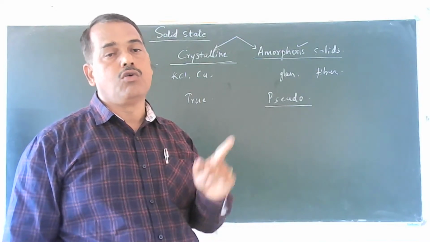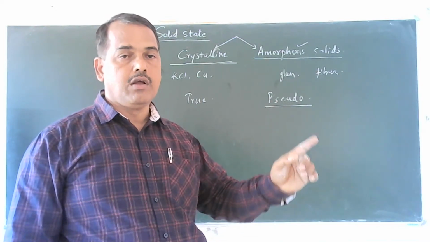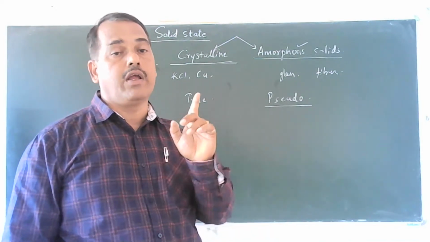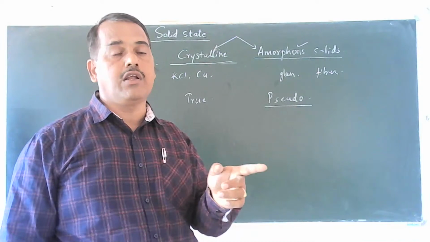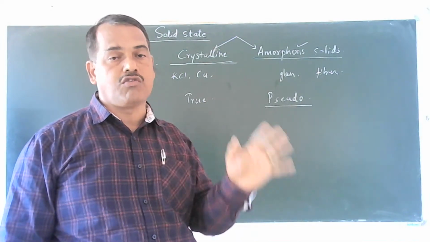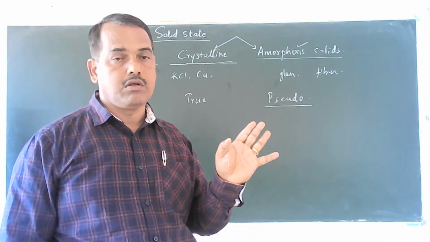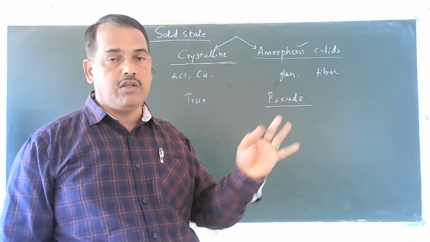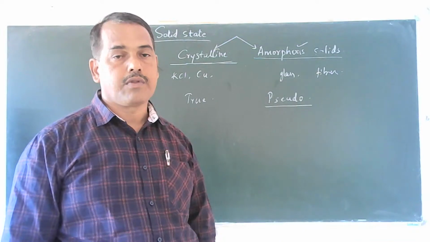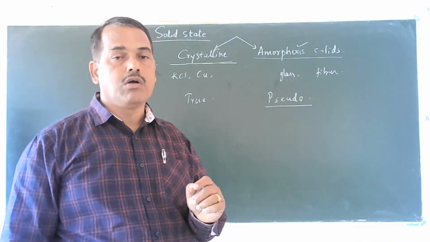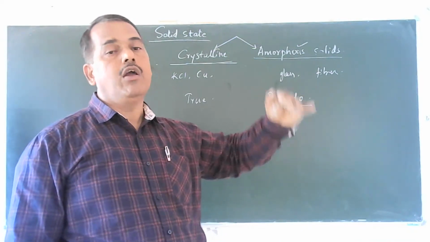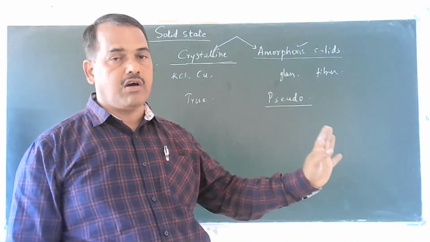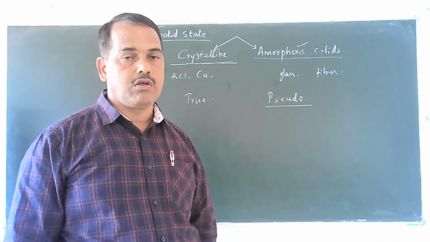So, point by point you observe. You have to be familiar with writing the difference between crystalline solid and amorphous solid. Repeatedly I am going to tell you. You may get bored, but my intention is that all the students understand very clearly. Crystalline solids have particle arrangement in a long range order, and in amorphous solids the particles are arranged in a short range order.